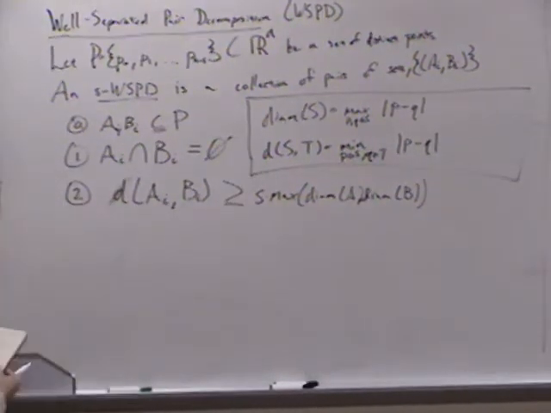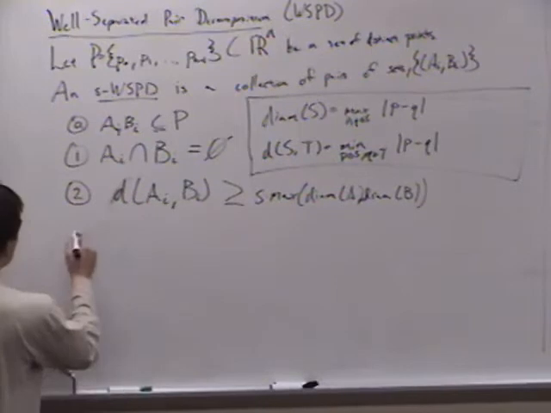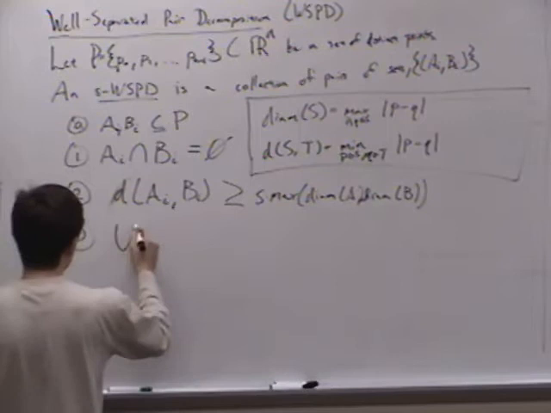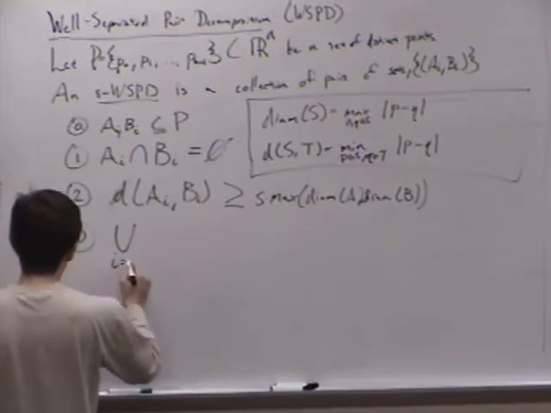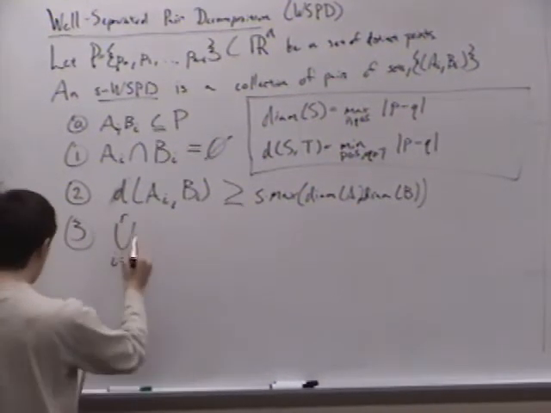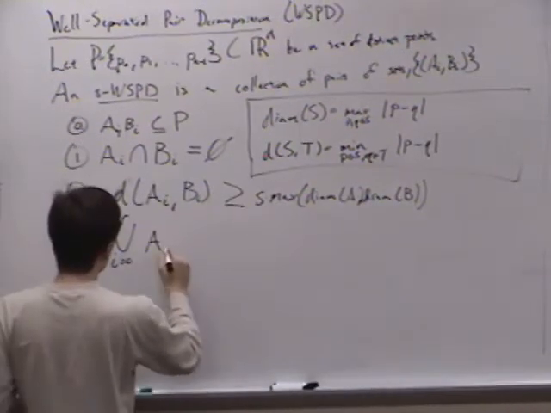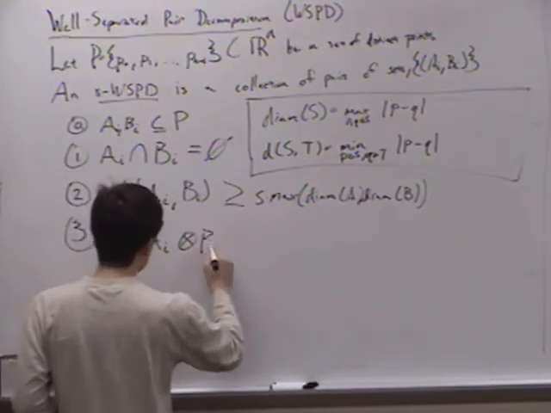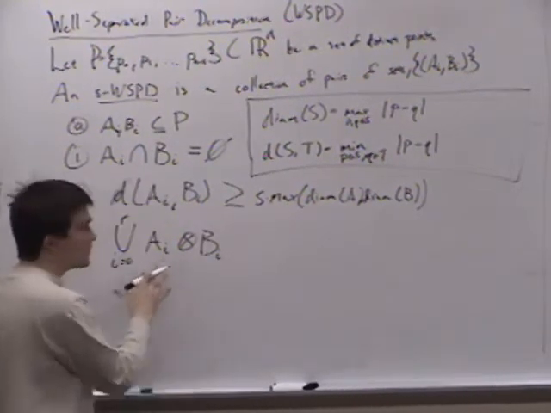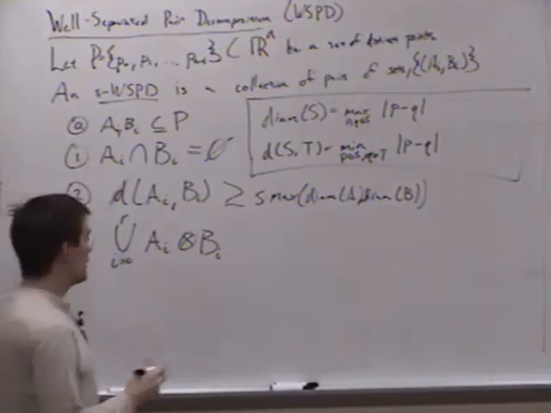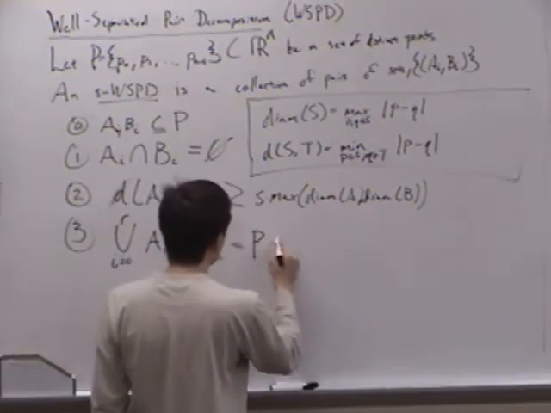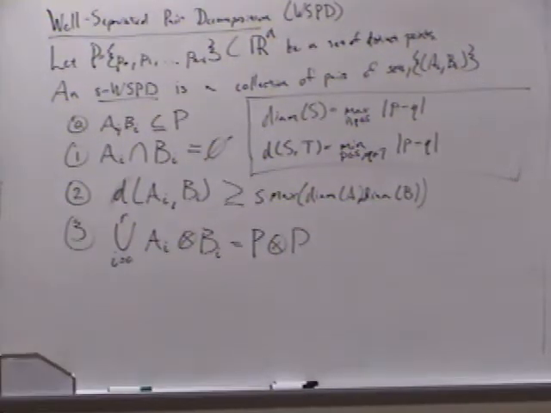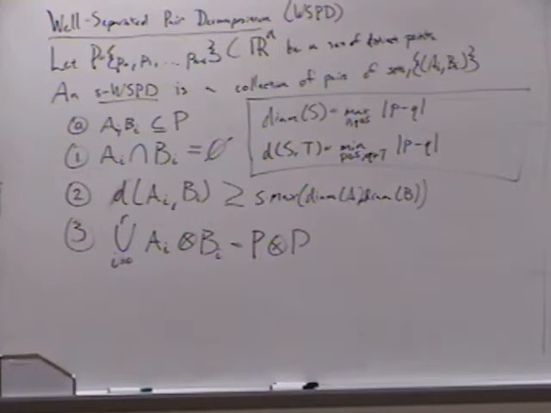It's pretty straightforward, right? And then the final point is that if we take the union from i equals 0 to r of, and I'm going to write this a little bit funny here, but I'll explain what this means in a moment, this sort of fancy circle Cartesian product of the two sets, it better be equal to this set P. What do I mean by the fancy Cartesian product with the circle there?